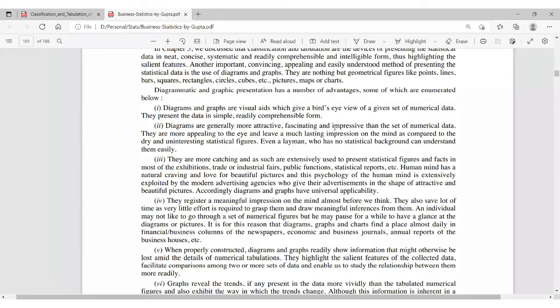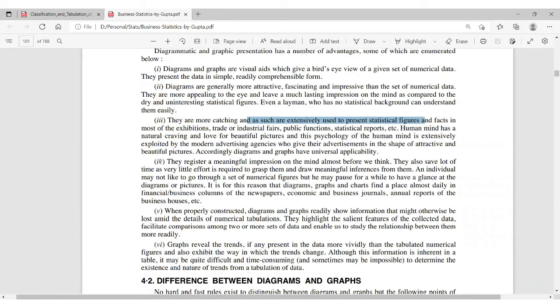Diagrams are generally more attractive, fascinating, and impressive than numerical data, so you prefer diagrams over numbers. They are more catching, and they register a meaningful impression on the mind almost before we think.